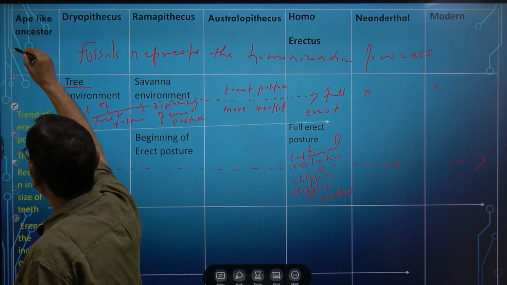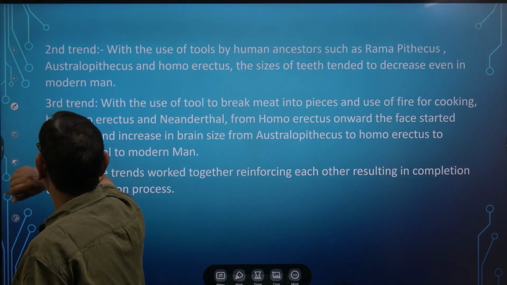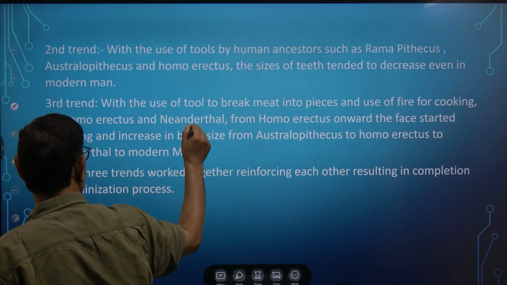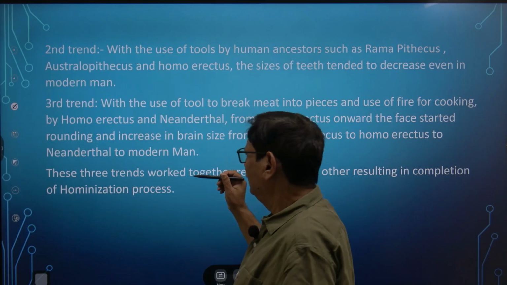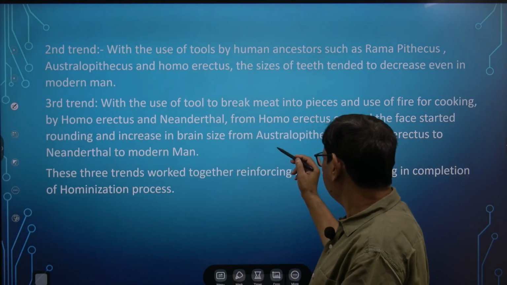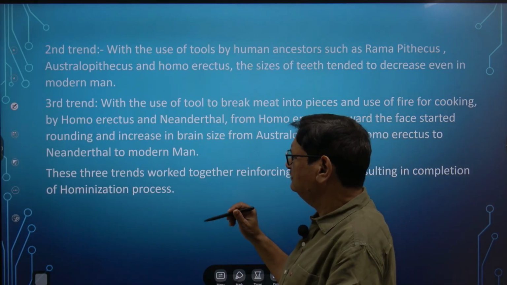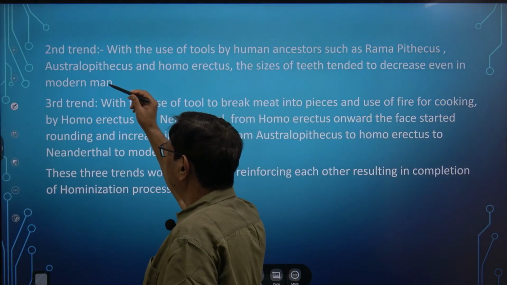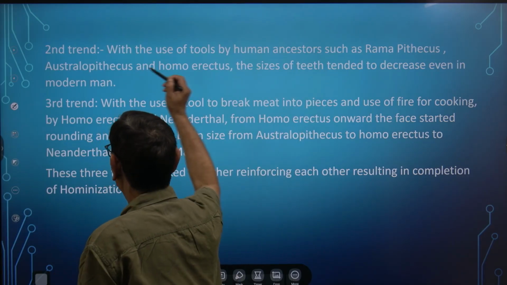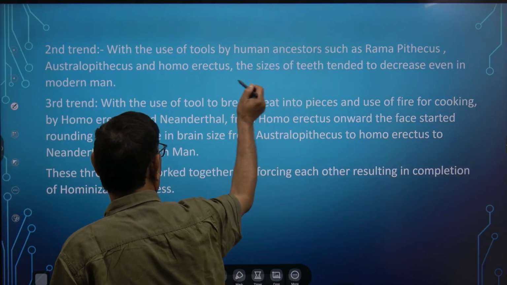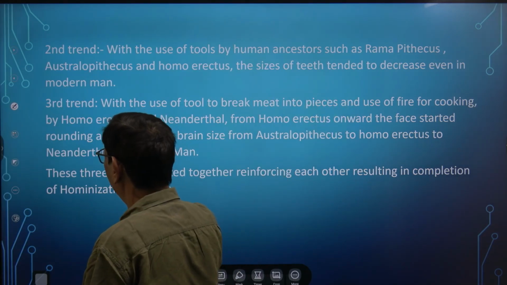With the use of tools, the sizes of teeth tended to decrease from Ramapithecus, Australopithecus to Homo erectus to Neanderthal to modern man. This is the second trend.